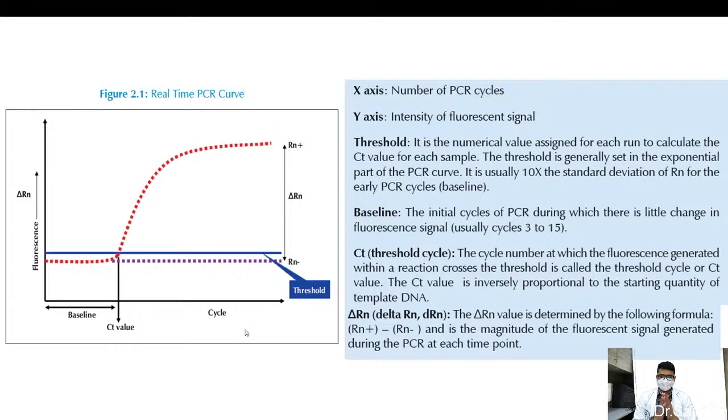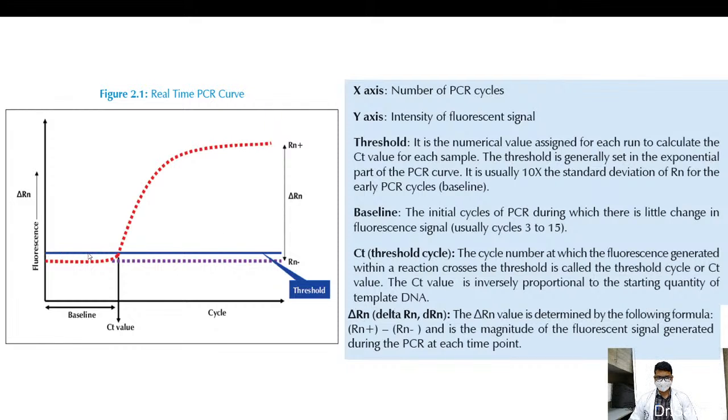The main meaning is, as the DNA starts amplifying, the fluorescence gets generated. The amount of fluorescence generated is directly proportional to the amount of amplification being done.